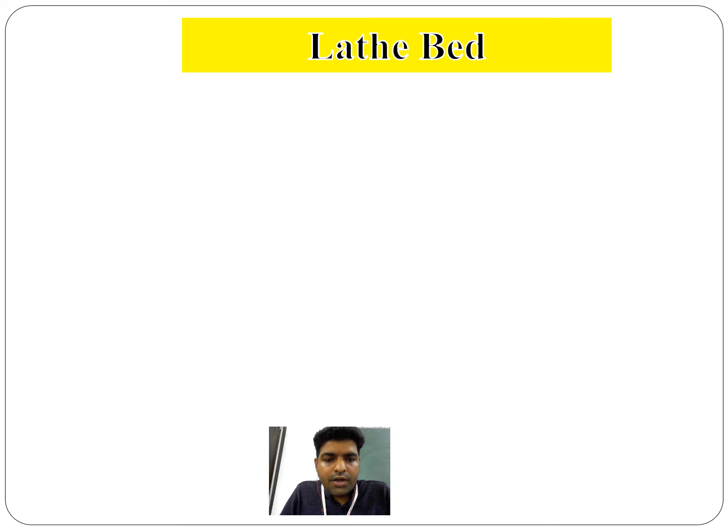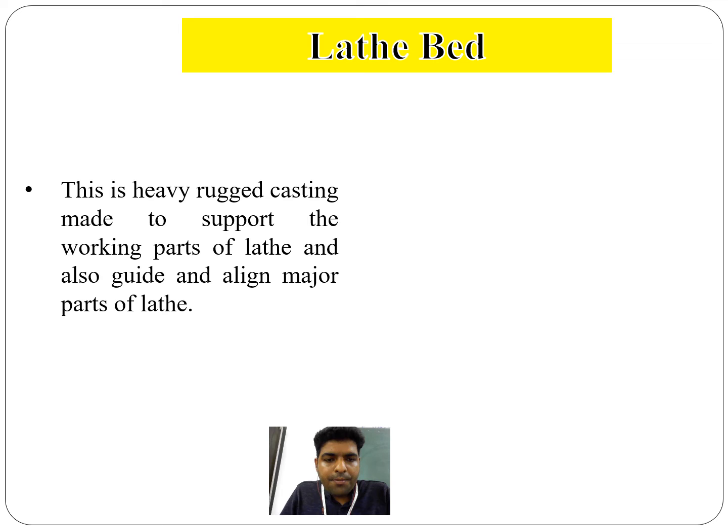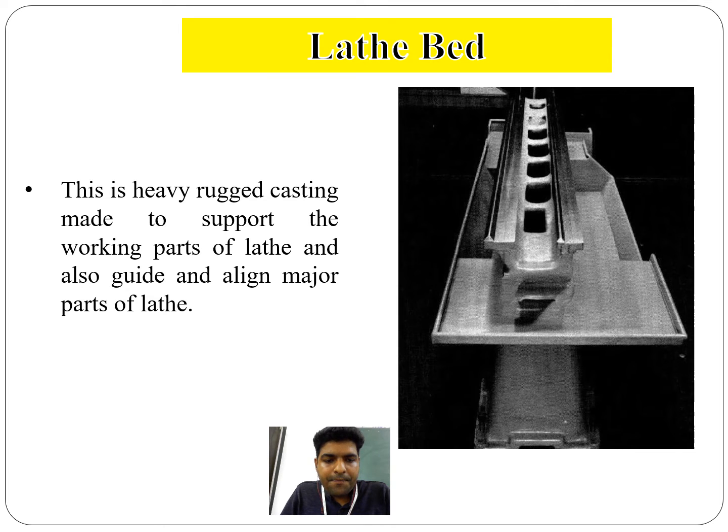Now we are first going to start with the bed. The bed is the foundation or base of the lathe and it has a convenient height, and the bed provides sufficient strength, rigidity and support to the machine. The top of the bed is made into a straight and smooth pathway called the guide way.